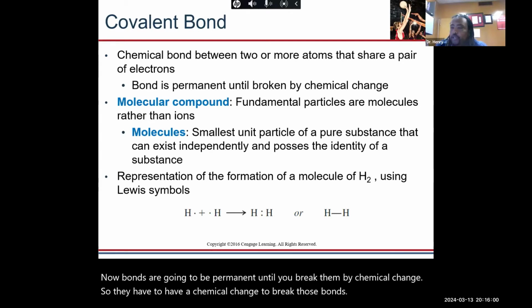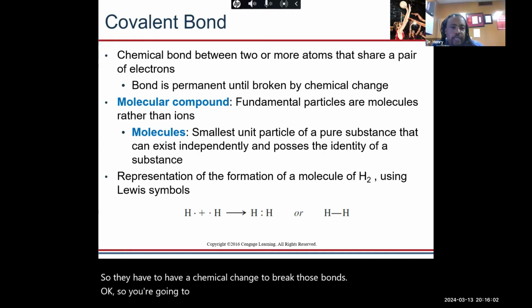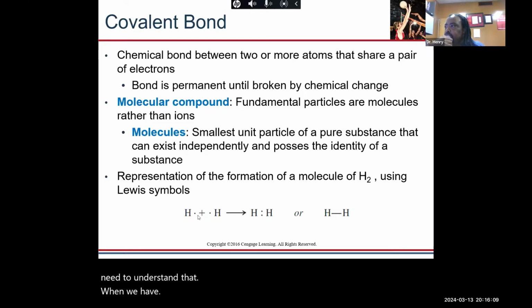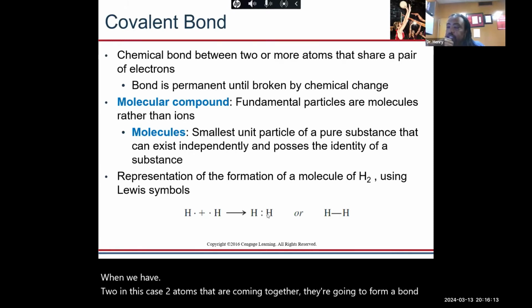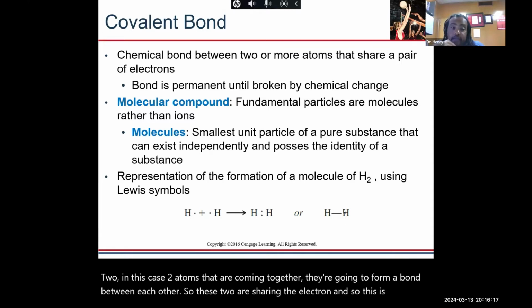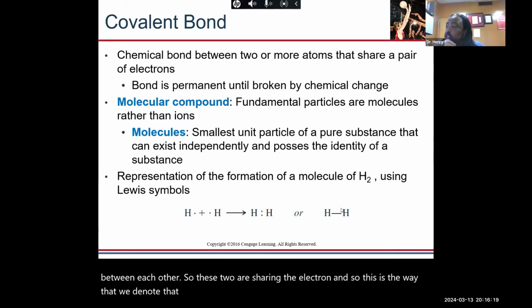Okay, so you're going to learn today kind of how to do the nomenclature, but we need to understand that when we have, in this case, 2 atoms coming together, they're going to form a bond between each other. So these 2 are sharing the electron. This is the way that we denote that. Covalent bonds are shown by drawing a line between the 2.